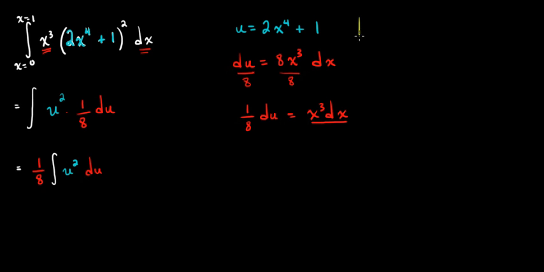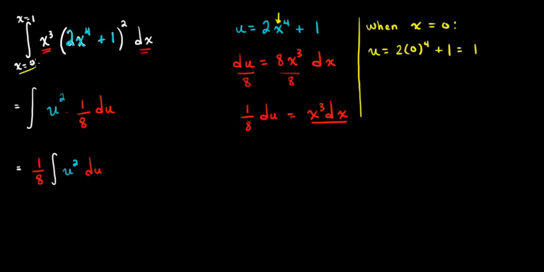So all I'm going to say is, look, when x equals 0, and 0 came from here, my bottom limit, I'm going to simply plug 0 into my u function here. Well, u is going to equal 2 times 0 to the fourth plus 1. And if you clean this up, I get 1.